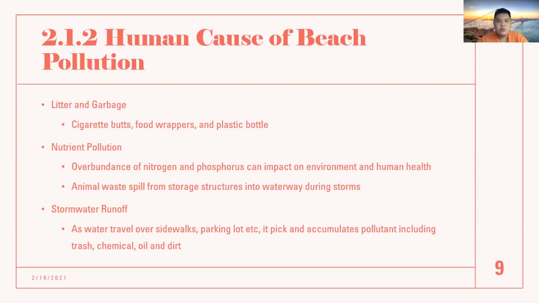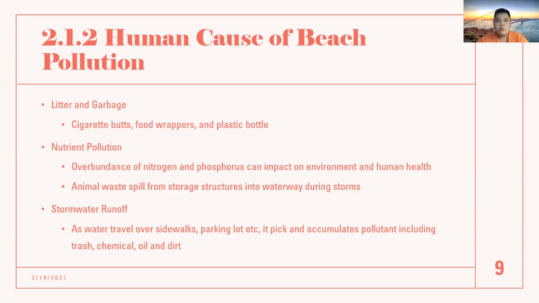Next is the human cost of beach pollution. The first one is litter and garbage, such as cigarette butts, food wrappers and plastic bottles, which are always left by people on the beach. Next is nutrient pollution. The overabundance of nitrogen and phosphorus can impact the environment and human health.